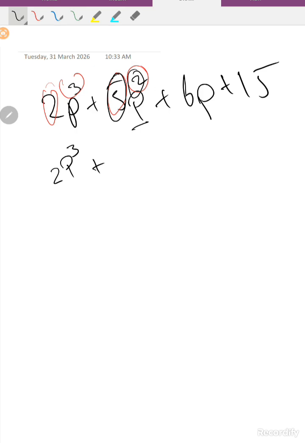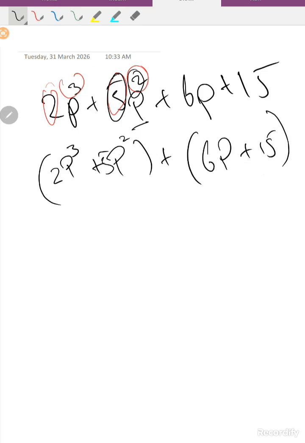The easy way to do this, you're going to arrange these, group them, get the highest exponential values. Therefore, only 2p cubed plus 5p squared, right? You put this in brackets, then plus, then we'll open a bracket, 6p plus 15.